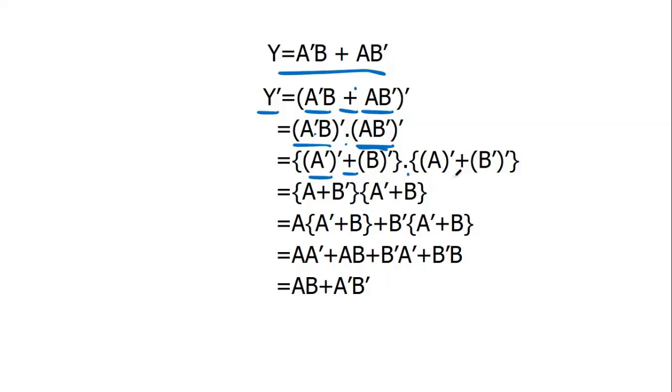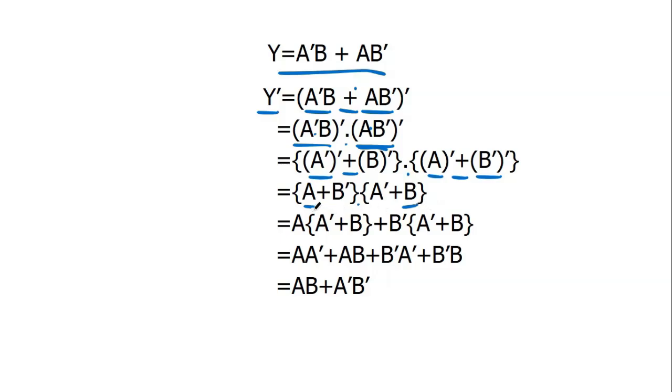Then dot, applying De Morgan's theorem to this term, you get (A complement and B complement) the whole complement, and the AND operator is replaced by the OR operator. By Boolean algebra, (A complement) the whole complement is A, so we get (A plus B complement) ANDed with (A complement plus B complement) the whole complement, which is B.